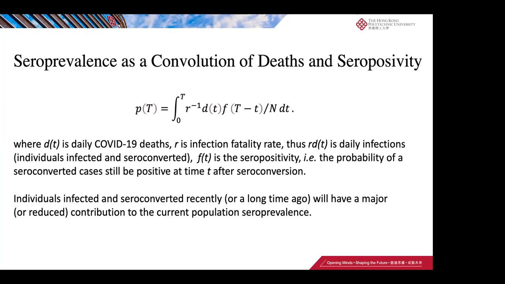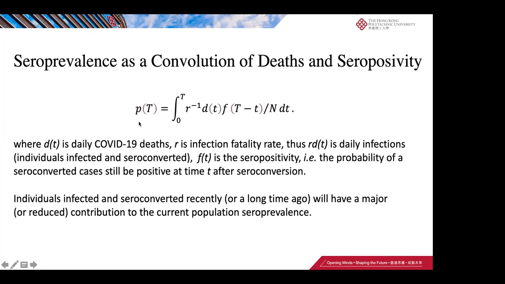Actually, the second wave has more deaths. It's hard to say whether the infection fatality rate is going down or going up. So we assume it's constant. Here it's mathematically a convolution.